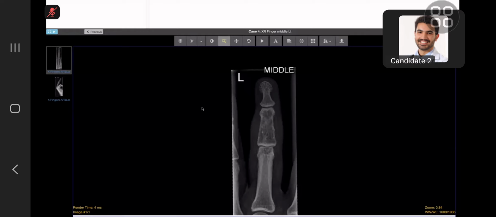The pattern of destruction appears to be permeative in appearance, sorry. Some cortical thinning or scalloping. There might be some medullary expansion. There is adjacent increased density in the surrounding soft tissue, probably due to edema.